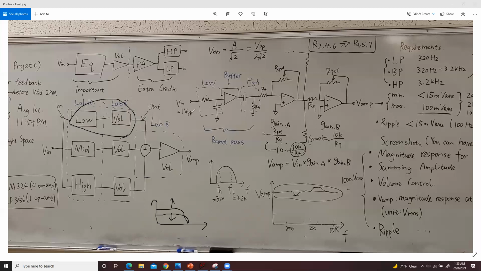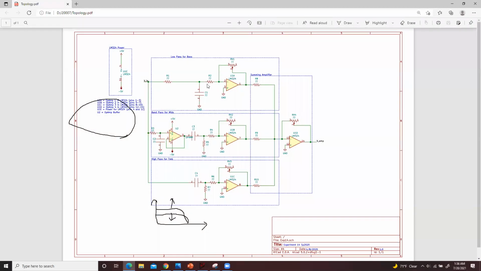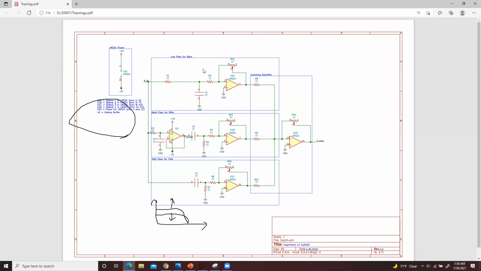The first reason is the loading issue, which means the resistor values R1 and R2 are too close together. This filter affects the performance of the inverting amplifier. They affect each other, which will make your circuit not work as you expect.